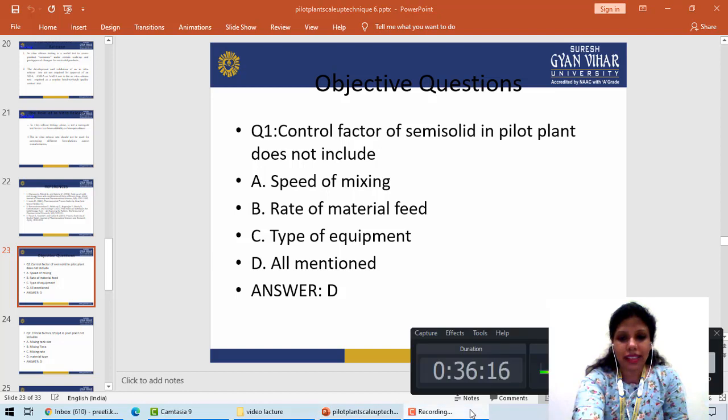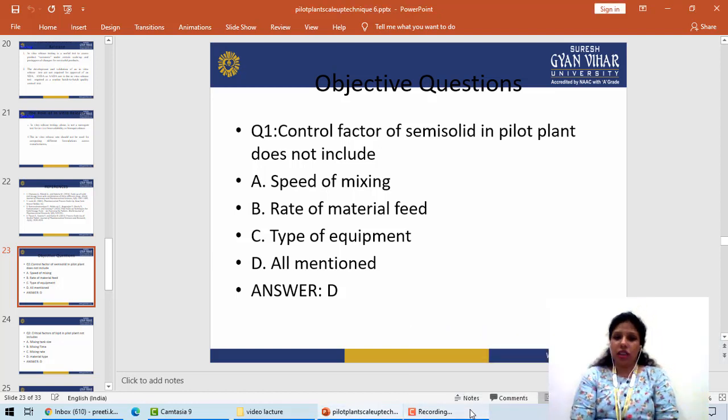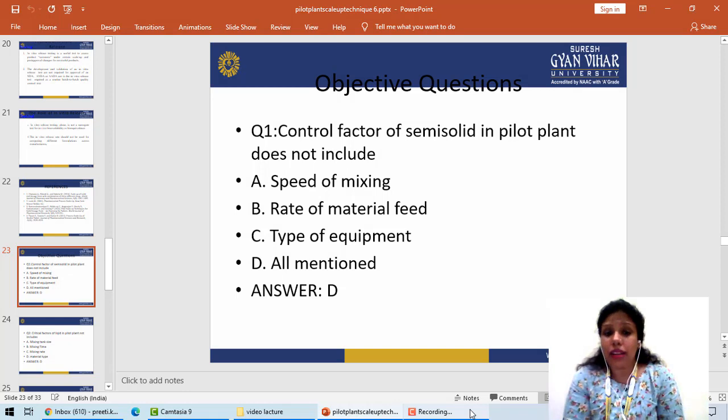Okay. Now come to the next, that is the objective questions. So first objective question is, control factor of semi-solid in pilot plant does not include. Okay. So you need to understand the answer now. The control factor which are not there in the semi-solid.